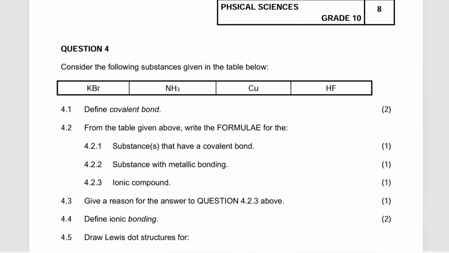The first question asks us to define a covalent bond. A covalent bond is defined as a type of bond that involves the sharing of electrons between atoms to form molecules.